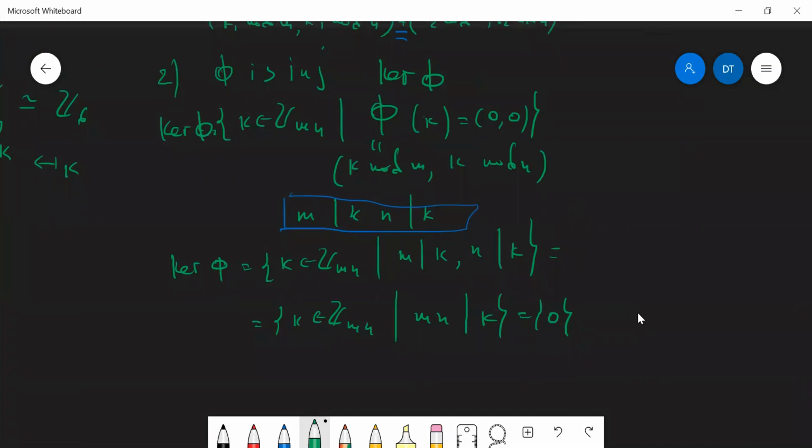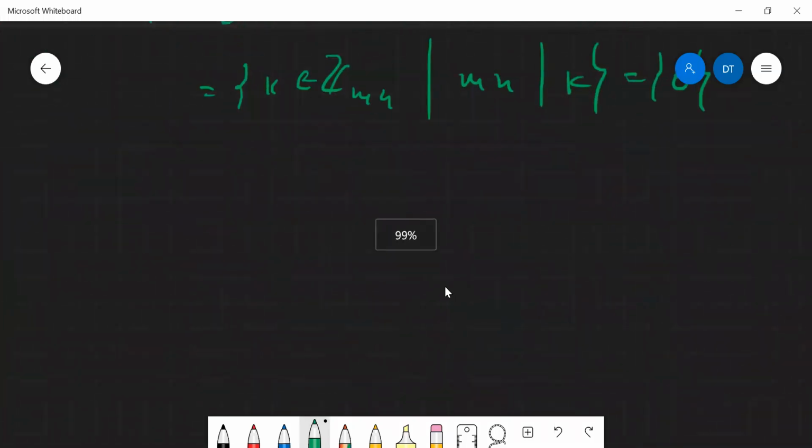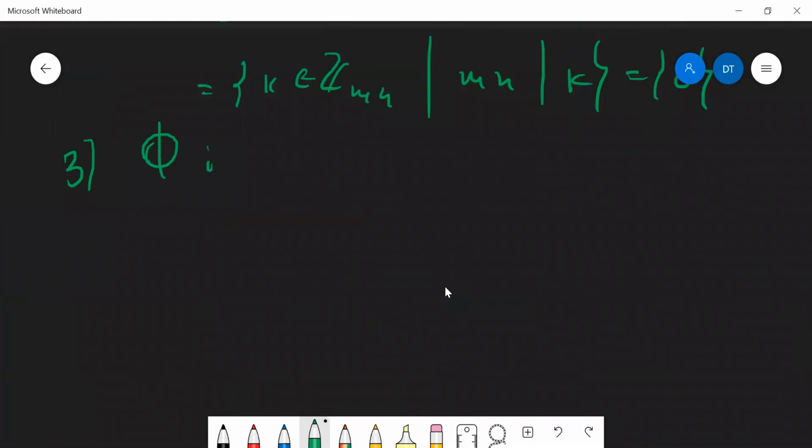Okay, and now I want to show you the surjectivity. And it's really simple now, because the third one, phi, is surjective. Okay, I have 8 minutes. I believe I have enough. So I want to formulate one claim also. So now let us compute the number of elements on the left-hand side. It's just m times n.